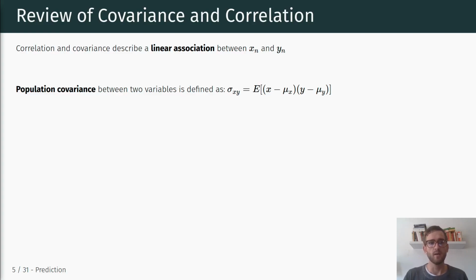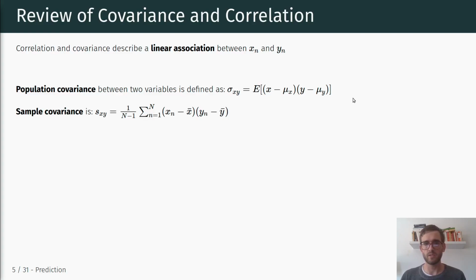So the population covariance between x and y is sigma xy, and that's the expectation of x minus mu x, so x minus the population mean of x, times y minus mu y, so the population mean of y, and the expectation of that. That's the definition of the population covariance.